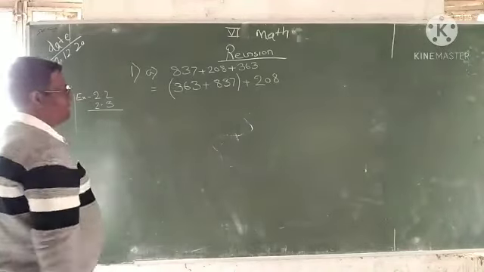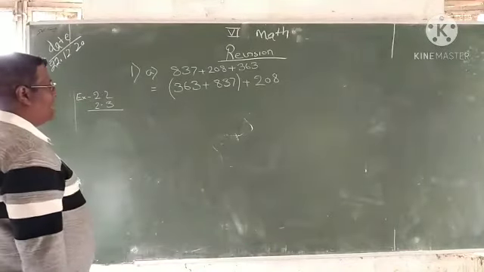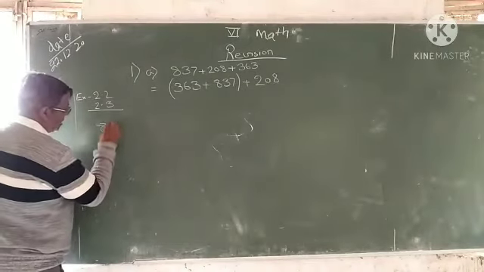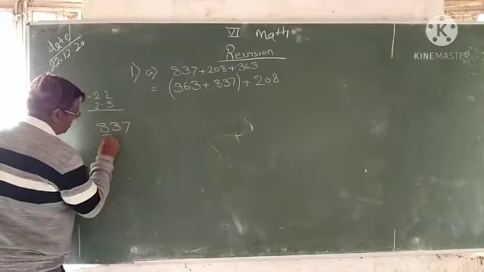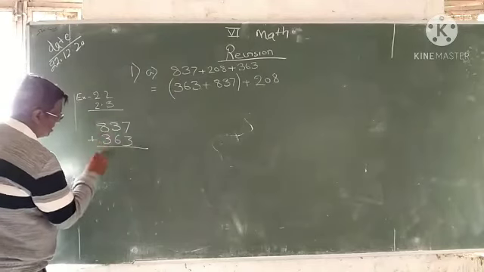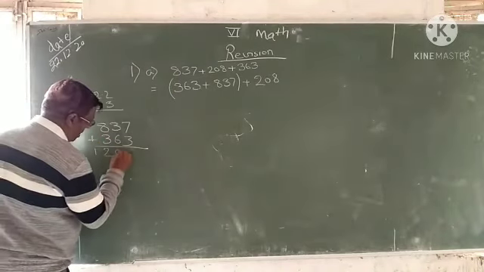If we calculate 363 with 837, it straightaway comes as 1200.